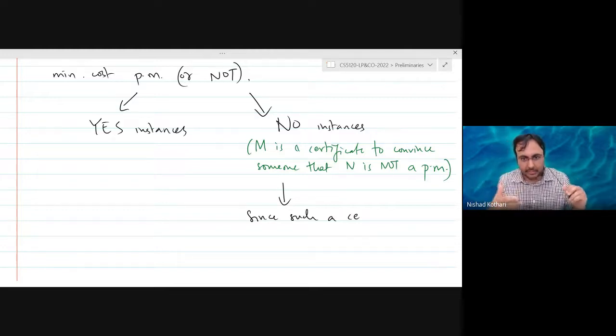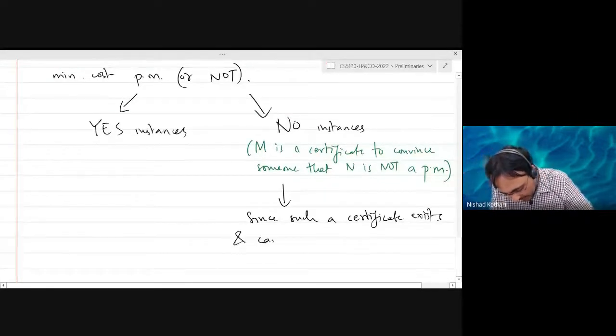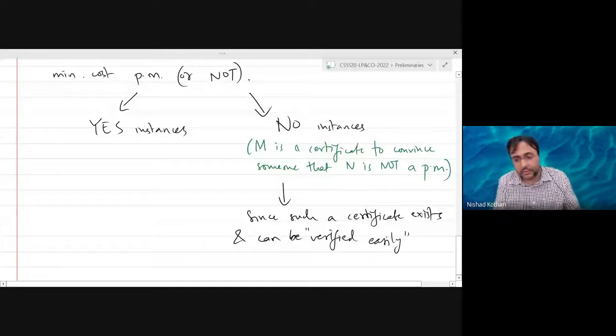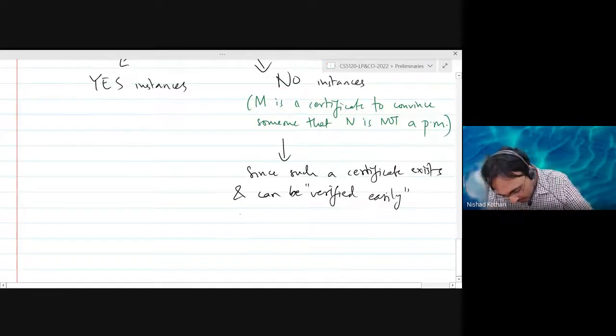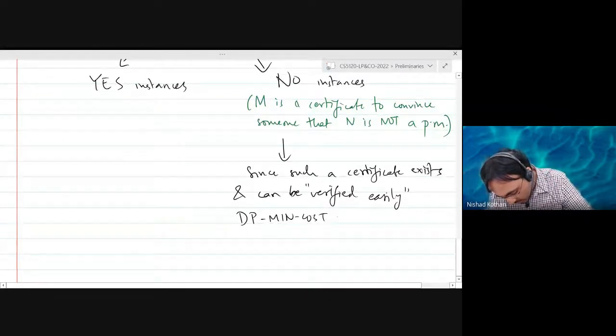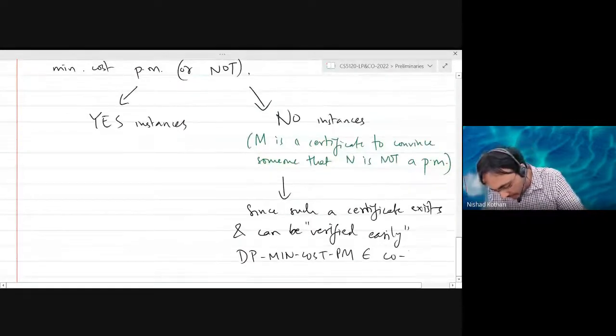Since such a certificate exists and can be verified "easily", the decision problem DP, min cost perfect matching, belongs to CoNP because this is for no instances.